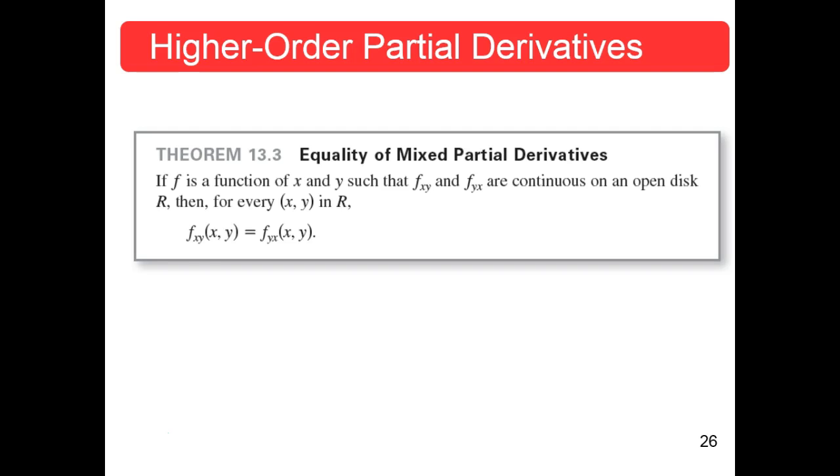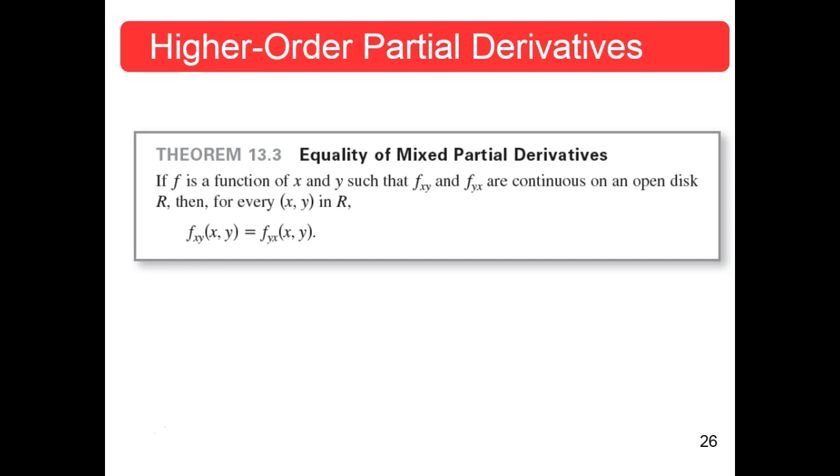If both of those derivatives exist and are continuous on an open disk, then that's the result. Now, this theorem applies to a function f of 3 or more variables as long as the second partial derivatives are continuous.